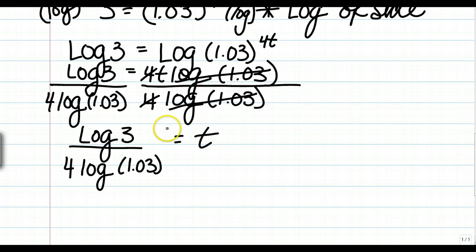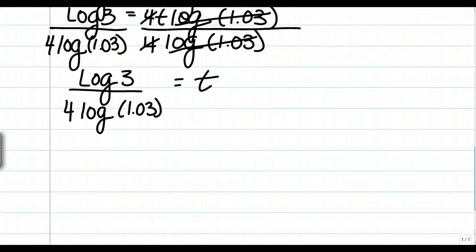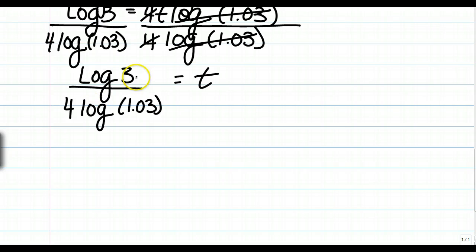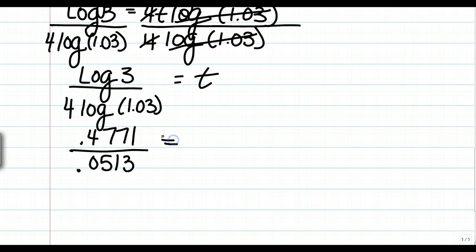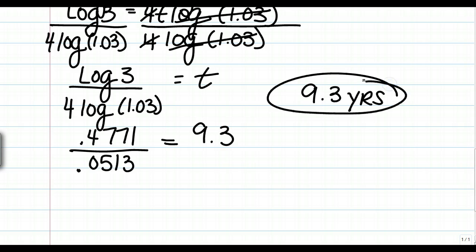So t equals this whole thing. Now all you have to do is plug it into your calculator. So you have the log of 3, I get 0.4771. When I do the log of 1.03 and then multiply that by 4, I get 0.0513. Dividing these two, you get 9.3 when you round. So it's going to take you 9.3 years to come up with $3,000. So we solve for t.